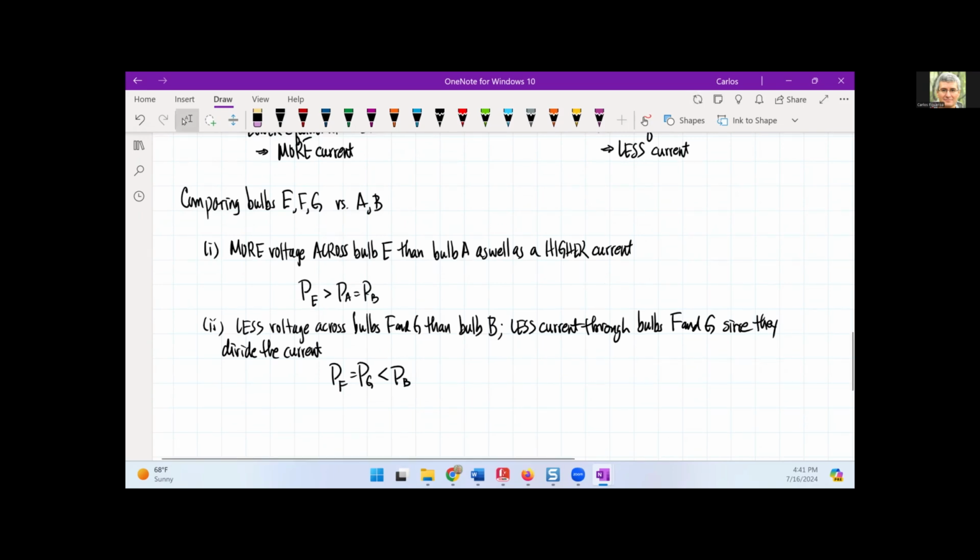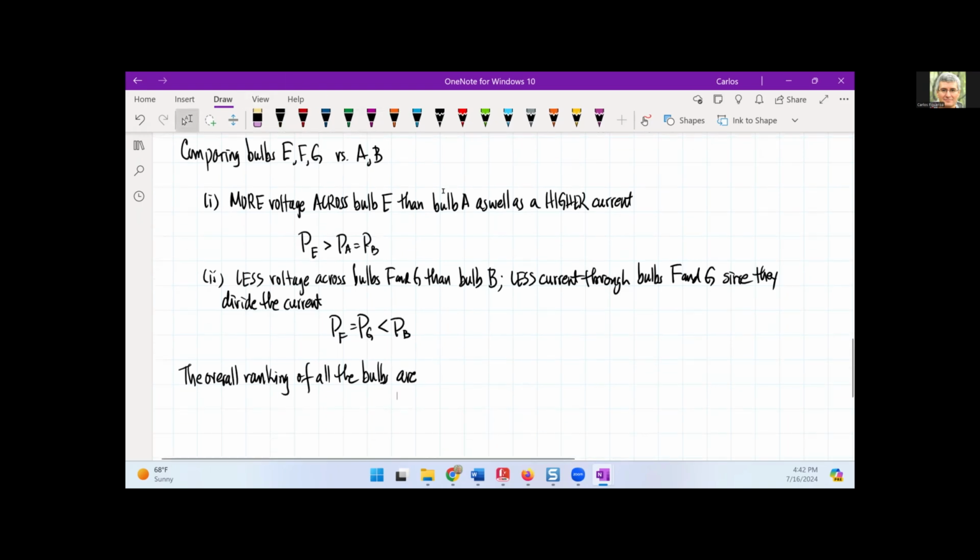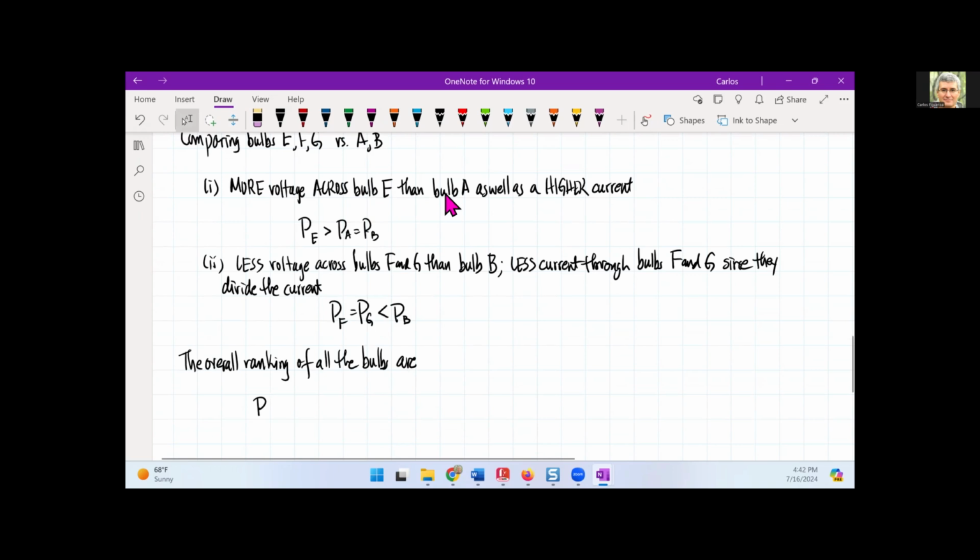So now I can do the overall ranking of all the bulbs. We see here that we have the power of C, D, and H. That's what we talked about before.